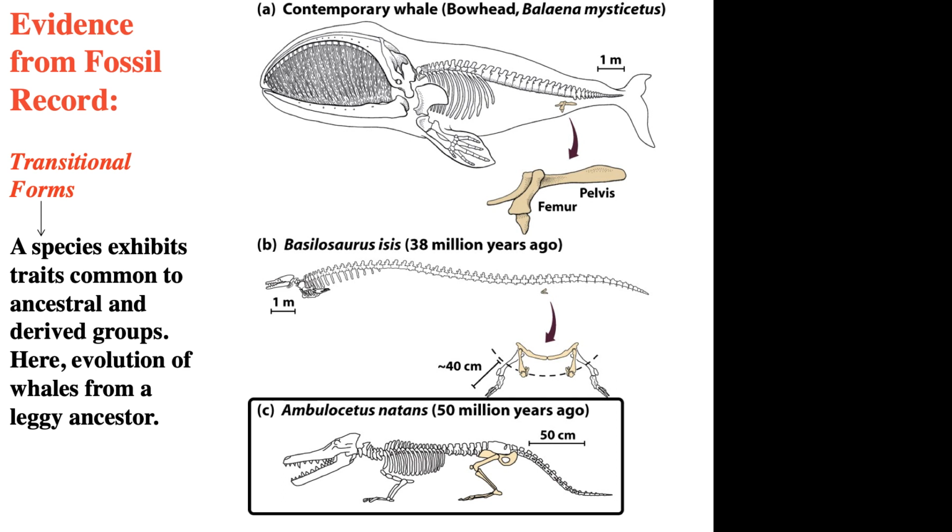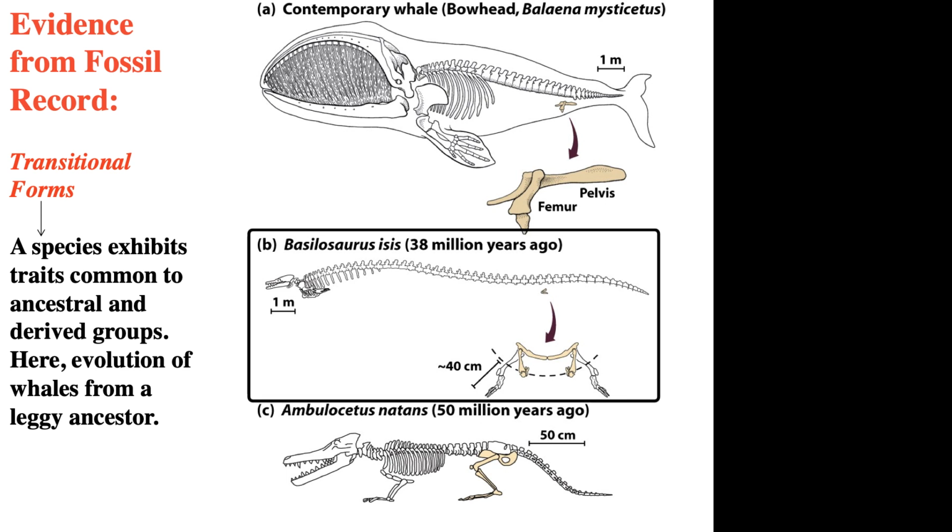Another one that I mentioned in a previous lecture was fossils of whale ancestors. So 50 million years ago, the ancestors of whales were walking on land, and so they needed front legs and back legs, as well as a tail for balance and for other purposes. By 38 million years ago, the descendants of the ancestors had moved into the water.